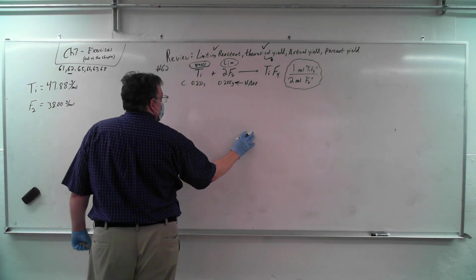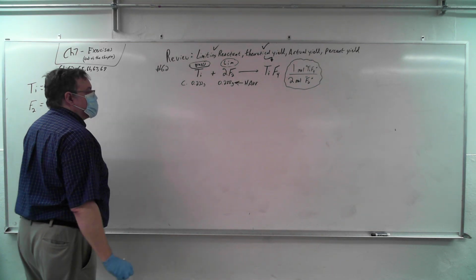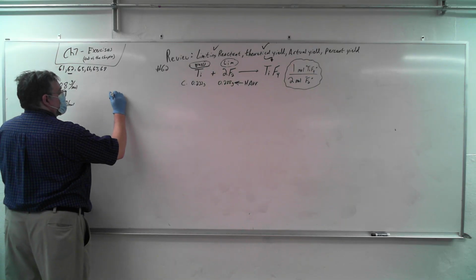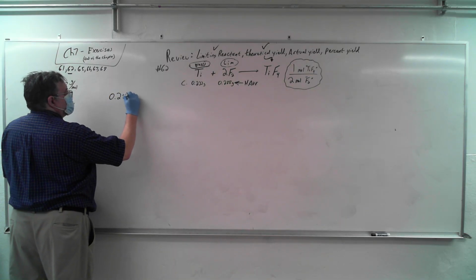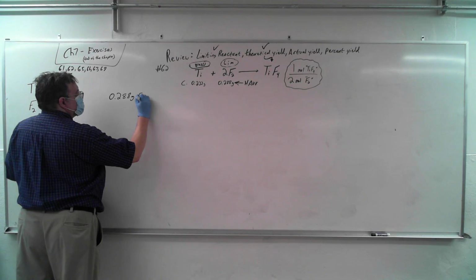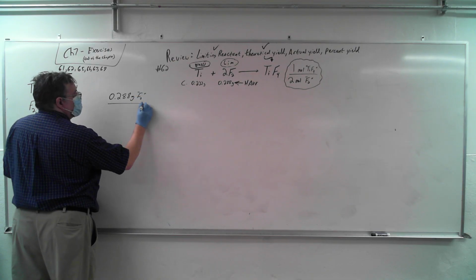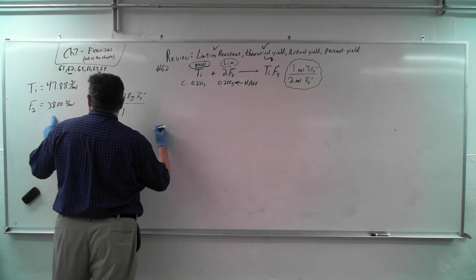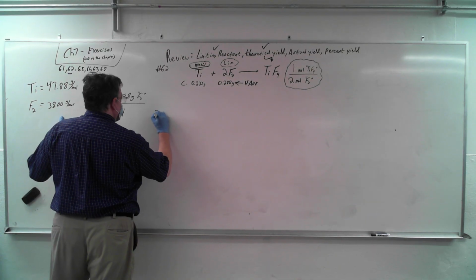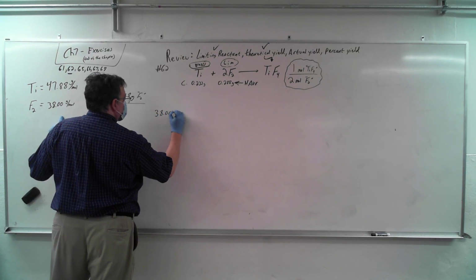Well, we have to find the grams of the product, and we have to use the grams of the reactant to get there. So now we're going to go 0.288 grams of F2, with grams of F2 on the bottom.